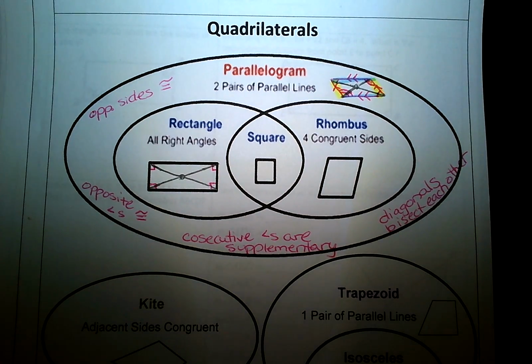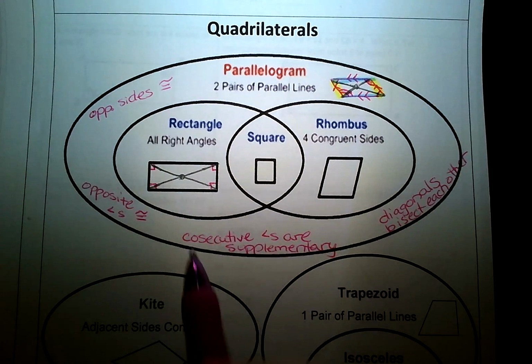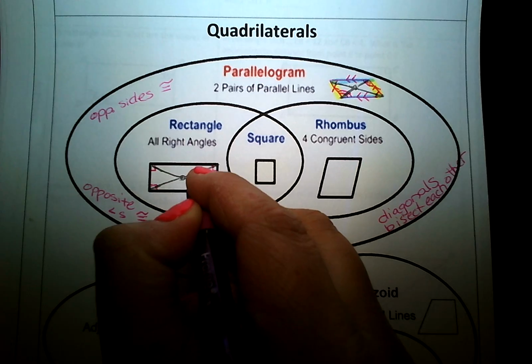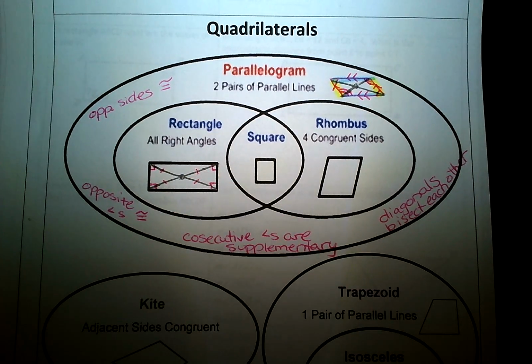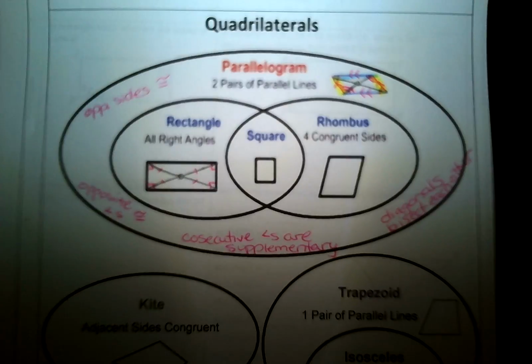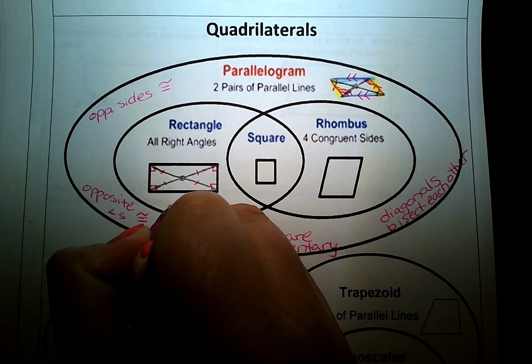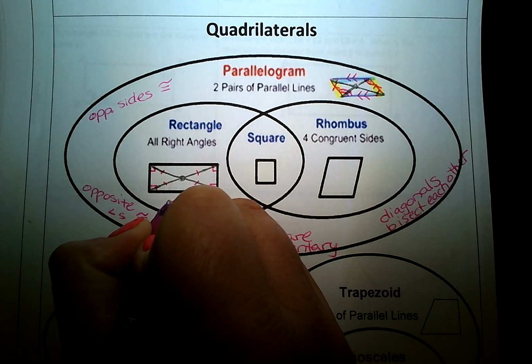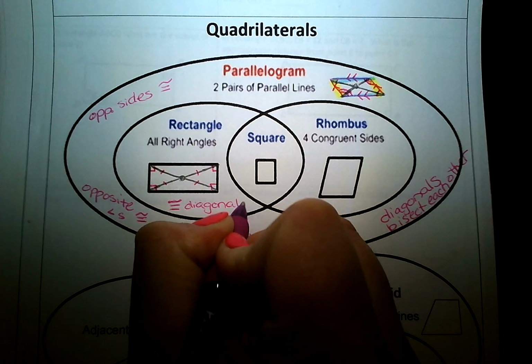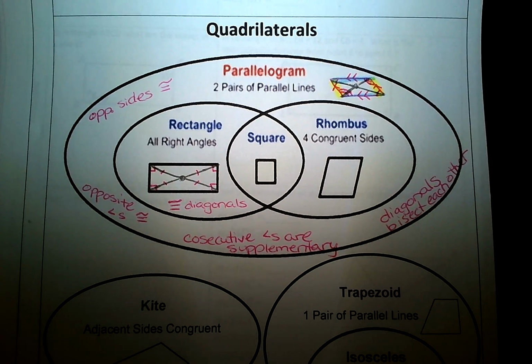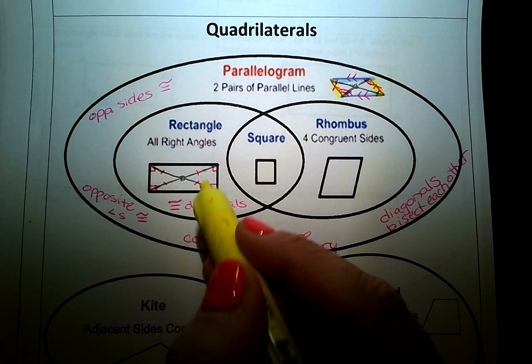Okay, what else can we observe? Well, now I can see that all four pieces of the diagonal are congruent to each other. So rectangles have congruent diagonals. In doing this, we've created a couple isosceles triangles here.